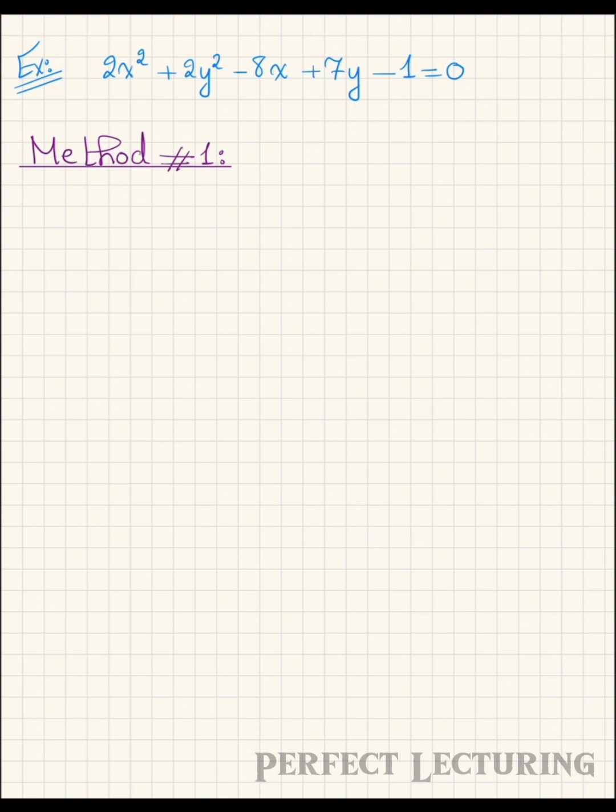The answer is, if the coefficients of x squared and y squared are not the same, this means that this relation does not represent a circle. So for example, if we have, let's say, 3x squared plus 5y squared plus etc., this means that we're not talking about a circle here, we are talking about an ellipse, which is not the topic in this video, but I just wanted to add this remark.